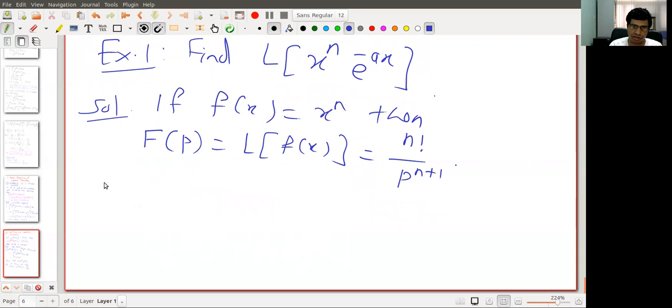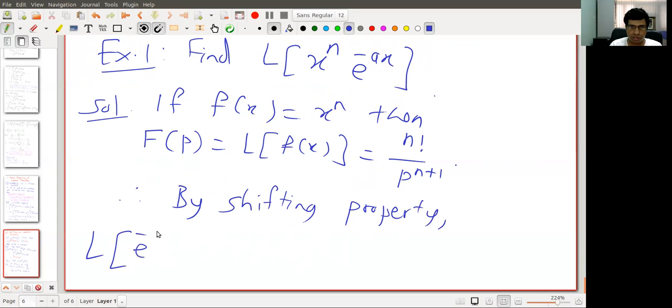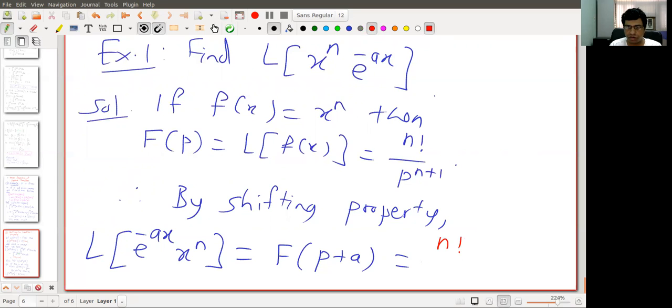Therefore, by shifting property, Laplace transform of e raised to minus ax into f of x, that is x raised to n, equal to capital F of p plus a, and that is n factorial divided by, we need to replace p by p plus a, so p plus a raised to n plus 1.